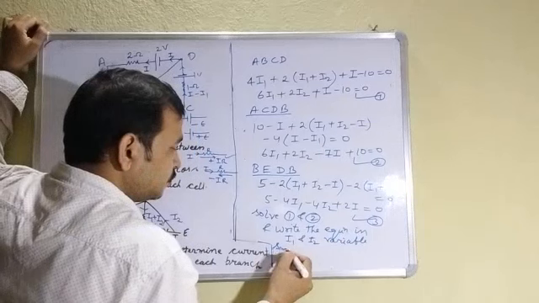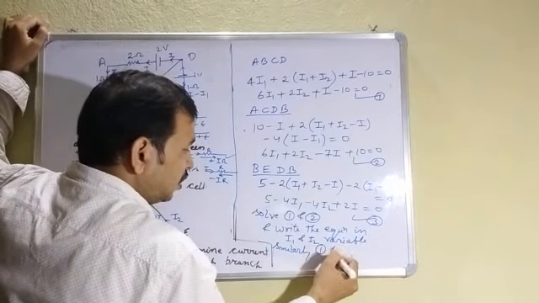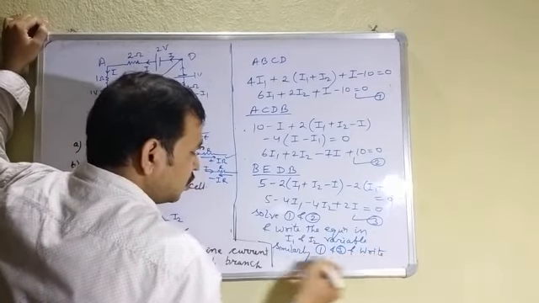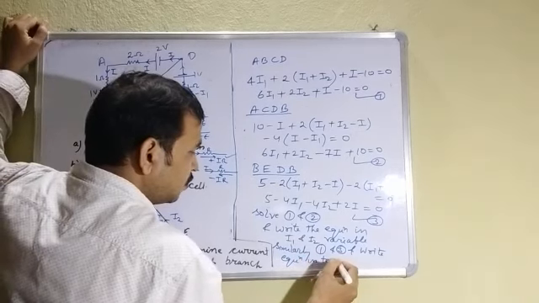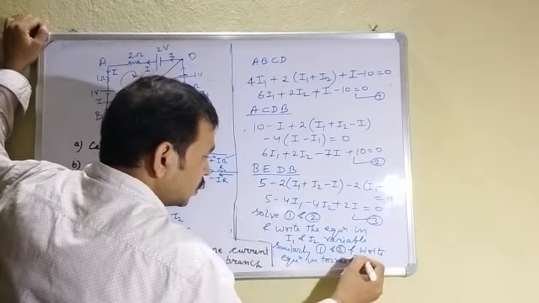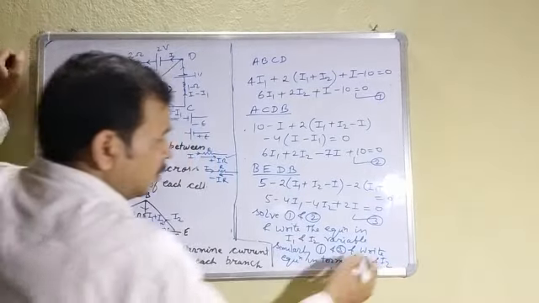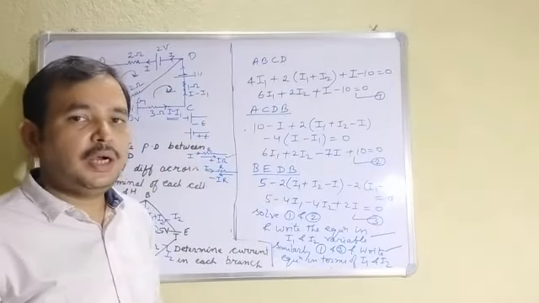Similarly, solve 1 and 3 and write the equation in terms of I1 and I2. Then you will get 2 equations in variables I1 and I2.